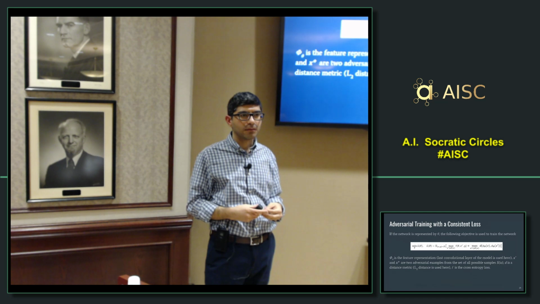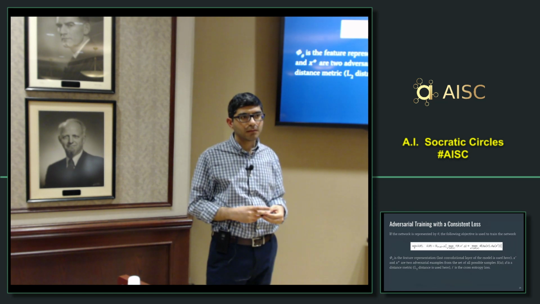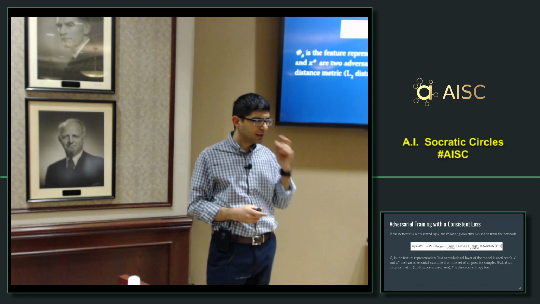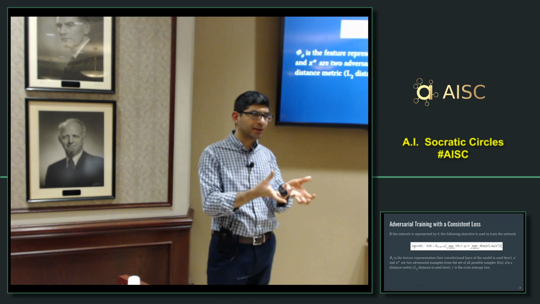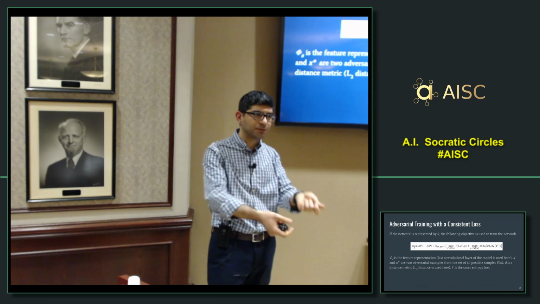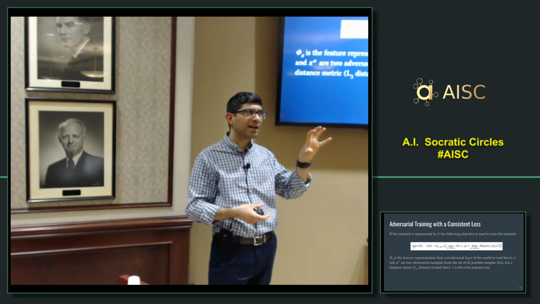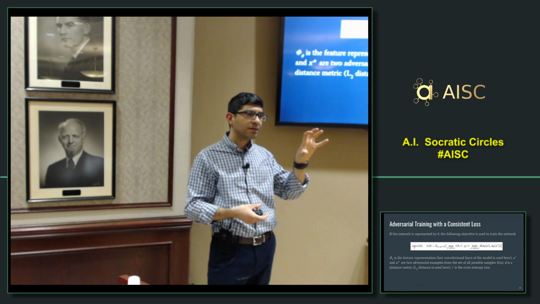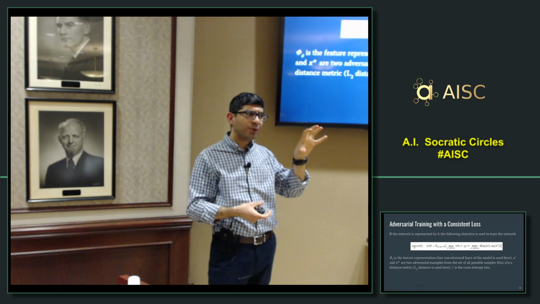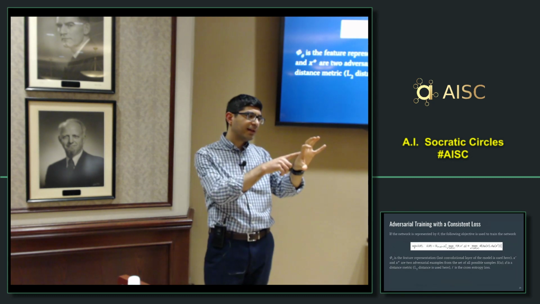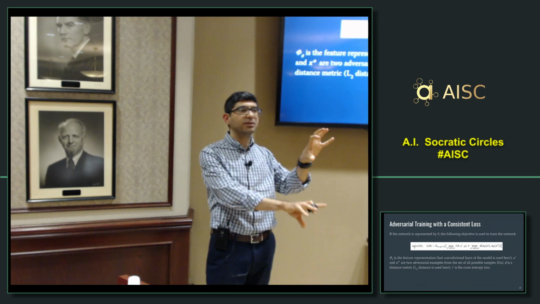My question is, if you have the original data set and then you mislabel them, what's the difference between that and generating the adversaries? Because if you mislabel a dog as a cat, the network won't ever learn it because you're giving it false information. It depends on the proportion of the mislabeled data. But here, the point is that we have cats, and then we have cats with noise.